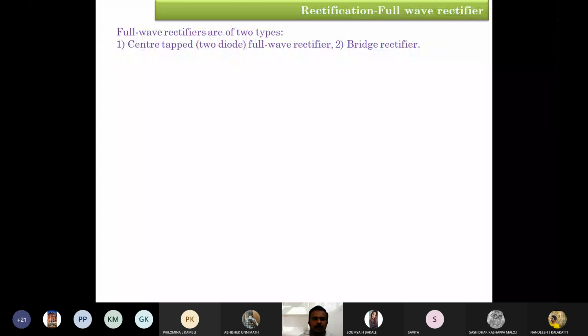We have defined some definitions with equations with respect to the ripple factor and the efficiency of the half-wave rectifier. So let us continue with the next concept, the full wave rectifier.